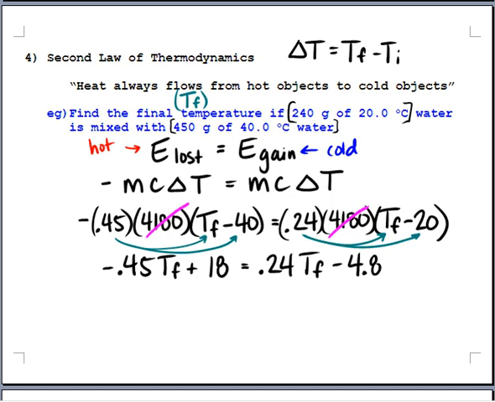So watch that. Now, algebraically, what you're going to want to do is get all of your Tfs on one side. I've got this negative 0.45 Tf, so I'm going to add 0.45 Tf to both sides. And just because I'm running out of space, if I'm putting all my Tfs on the right-hand side, I'm going to want all my numbers over on the other side, so I'm going to add 4.8 to both sides. That's going to cancel. That's going to cancel.